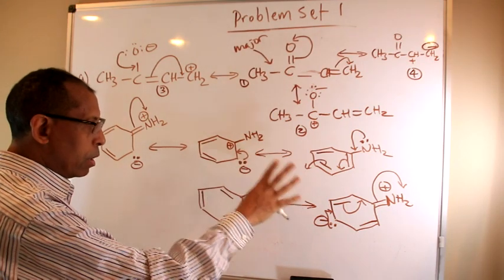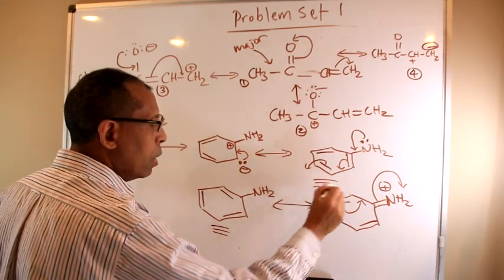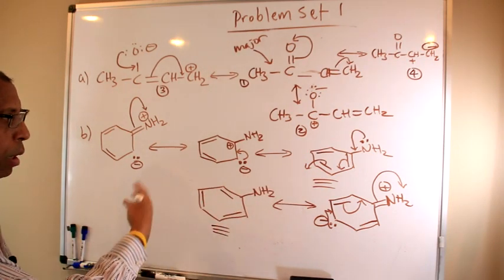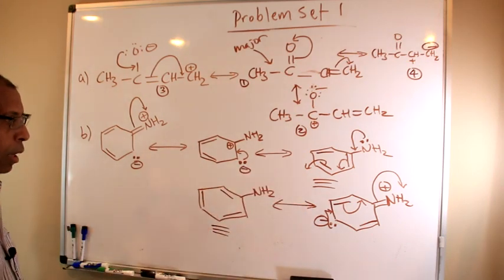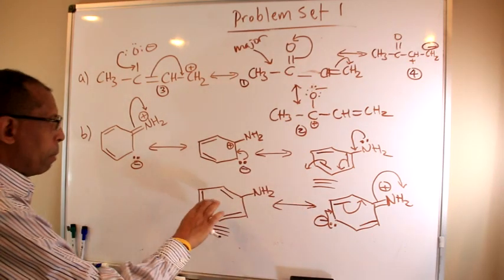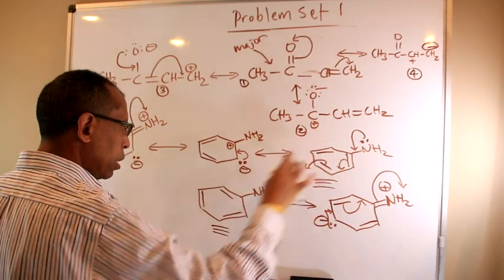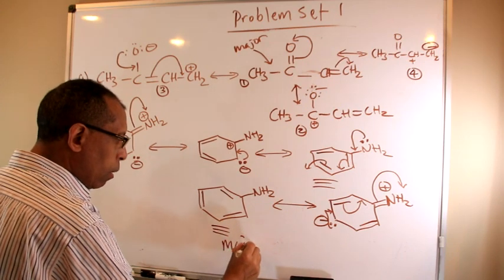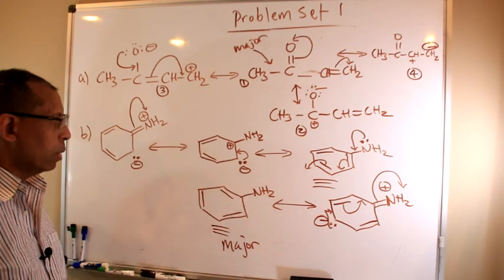So basically this and this are the same, so there is no difference, except you just move different electrons. So the major contributor is this structure. The reason why this is a major contributor is it doesn't have charge on it.